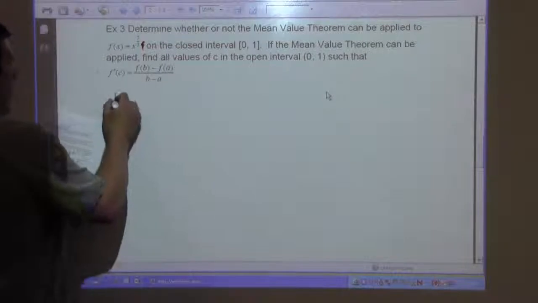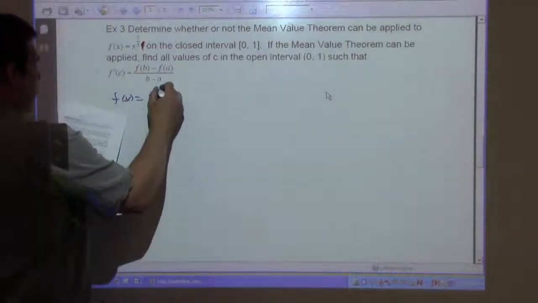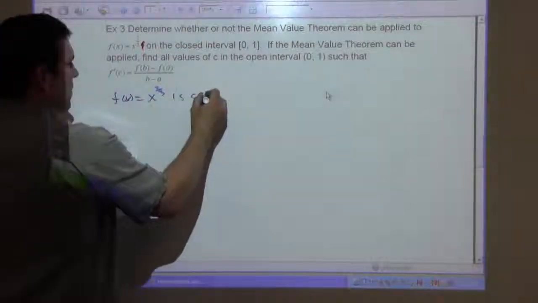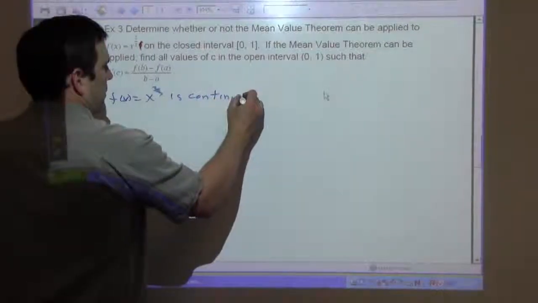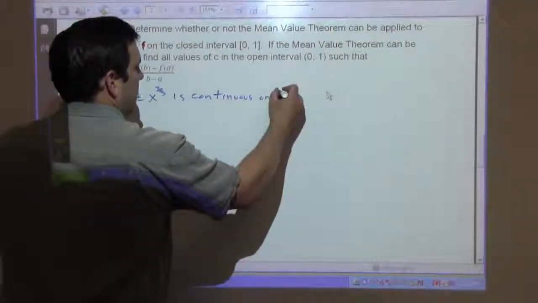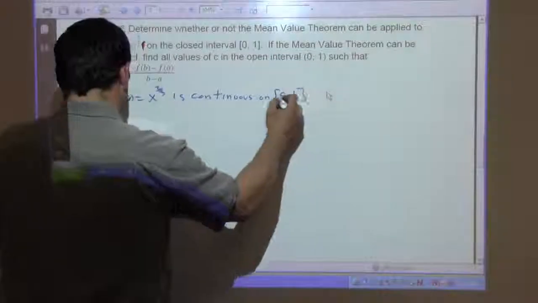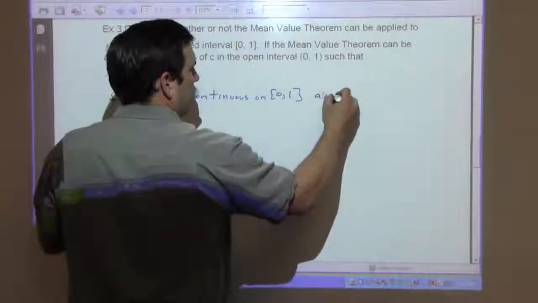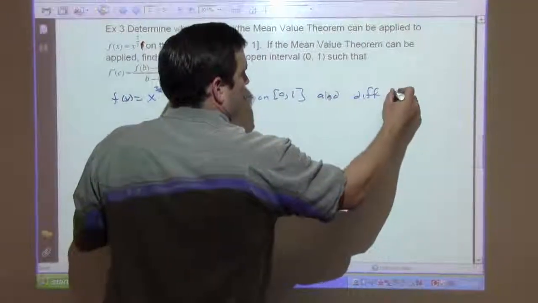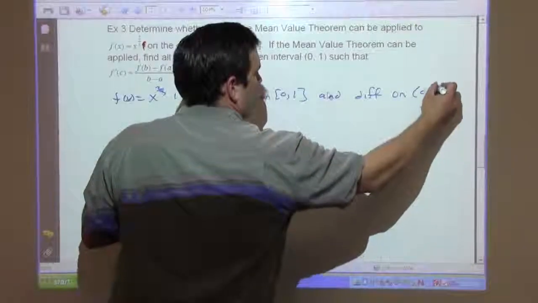So f of x equals x to the 2/3 is continuous on the closed interval from 0 to 1 and differentiable on the open interval from 0 to 1.